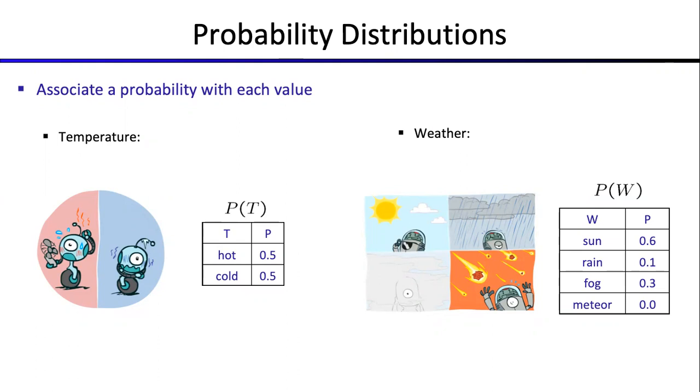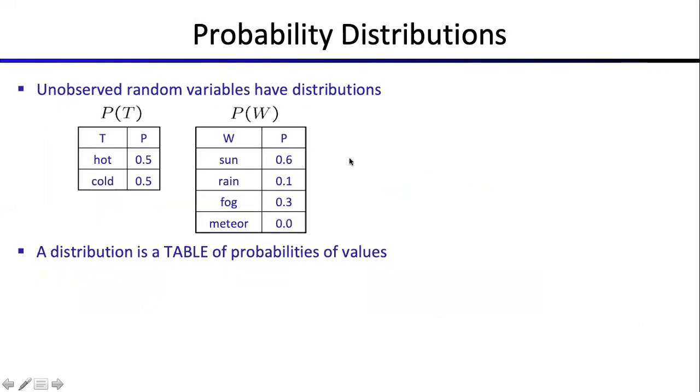The probability is 0.6. So this is what the probability distribution would be. So you have a random variable, and with every random variable, you have got some probability distribution associated with that random variable. So you need to know those probability distributions for that random variable.